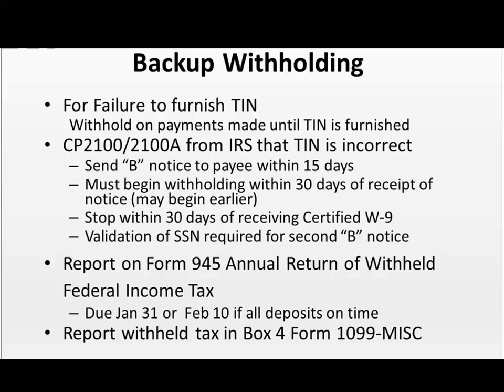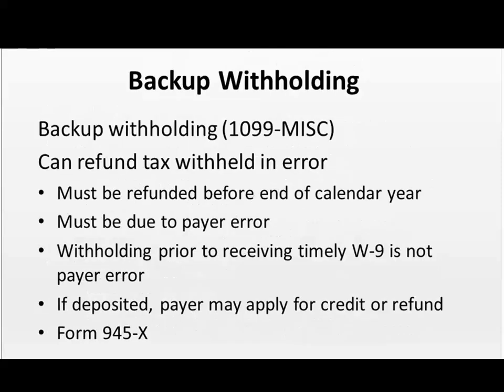Report the withholding on Form 945, Annual Return of Withheld Federal Income Tax, which is filed by January 31st or February 10th if all the deposits were on time. And you report the withheld tax in Box 4, Form 1099-MISC for each person you withheld tax for. If you withhold in error, you can refund that if it's done before the end of the calendar year, but it must be due to payer error.